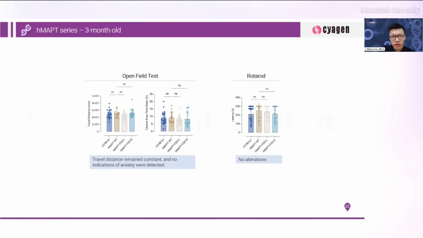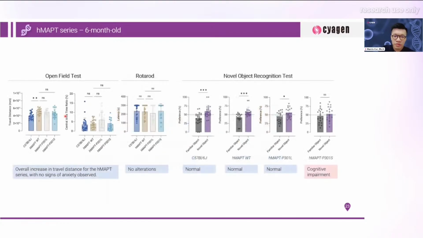Things start changing at the 6-month-old time point. Neither the motor function nor anxiety level changes, but we did see some trends without any statistical significance. More interestingly, we have observed a clear cognitive impairment in the P301S strain using the novel object recognition test.